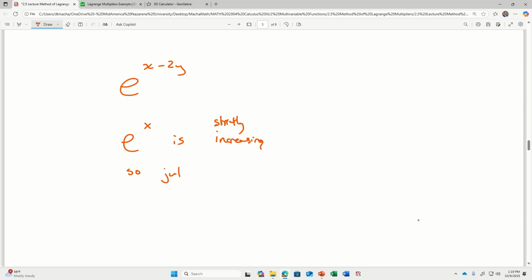So just optimize x minus 2y instead. Right? Don't go through all the effort of taking the gradient of e to the x minus 2y when you could just take the gradient of x minus 2y. Way easier.